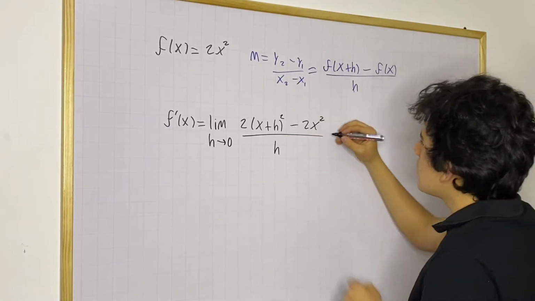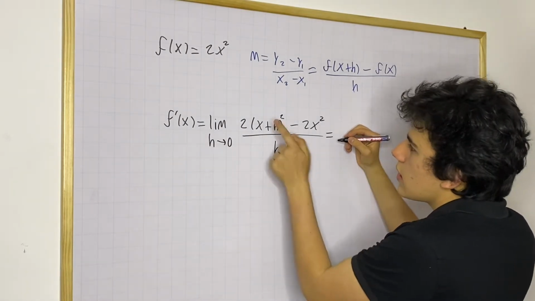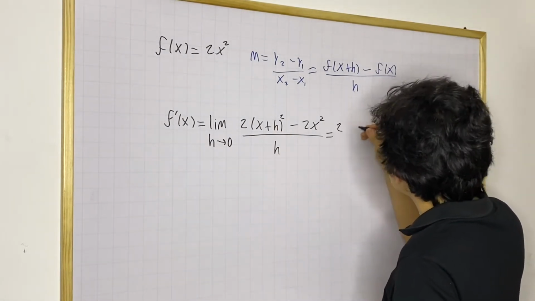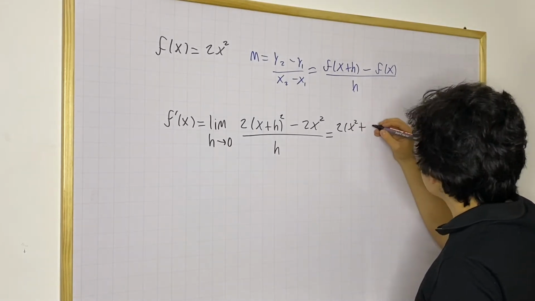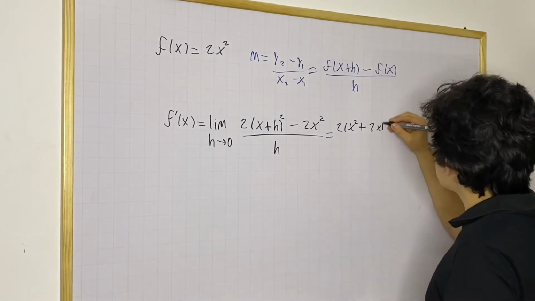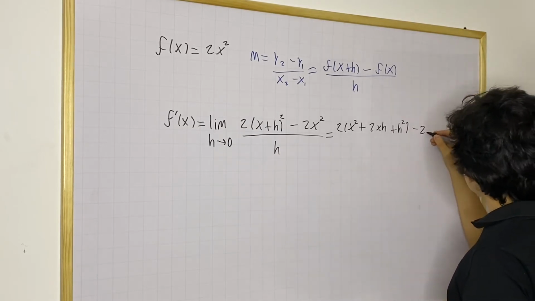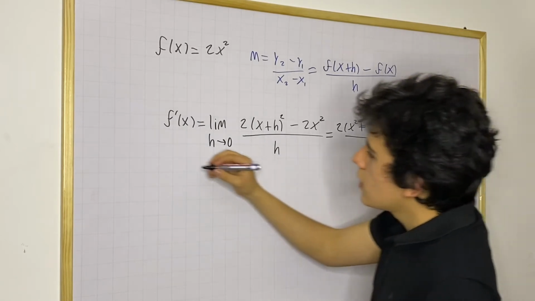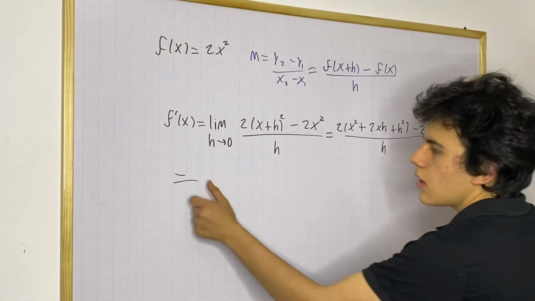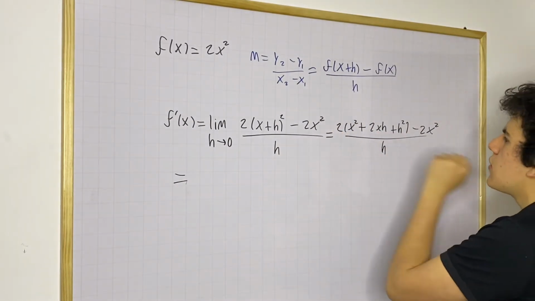Okay, now let's find its limit. So should I expand? Yeah, I'm going to expand that. So we're going to get 2 times x squared plus 2x times h plus h squared, minus 2x squared, all divided by h. This is going to be equal to, so we can distribute this.